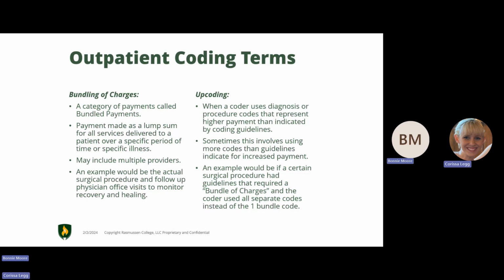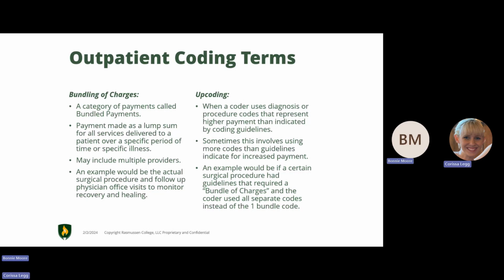This involves using more codes than the guidelines indicate for increased payment, or sometimes you're using a definitive diagnosis code instead of the sign or symptom code, and the diagnosis code, which has not been proven yet, indicates a higher level of payment, when all you can use by coding guidelines would be that sign and symptom code, which is less payment.